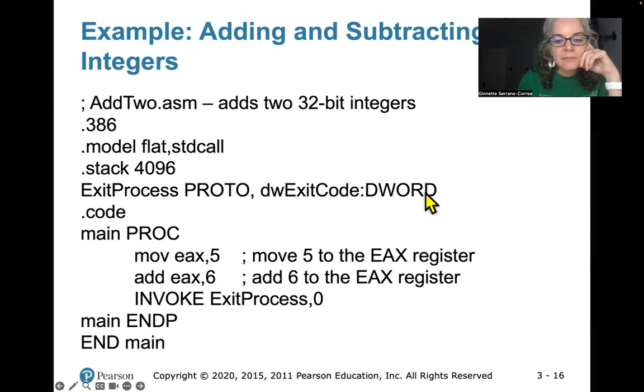And then we passed it a parameter, which is the size of, I'm sorry, we made a data label of this size of double word. So there's a data label called DW exit code that is this size.